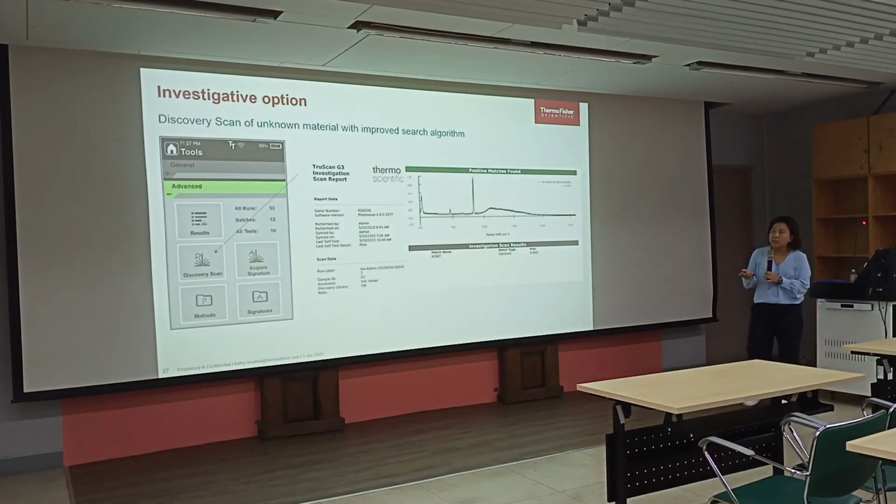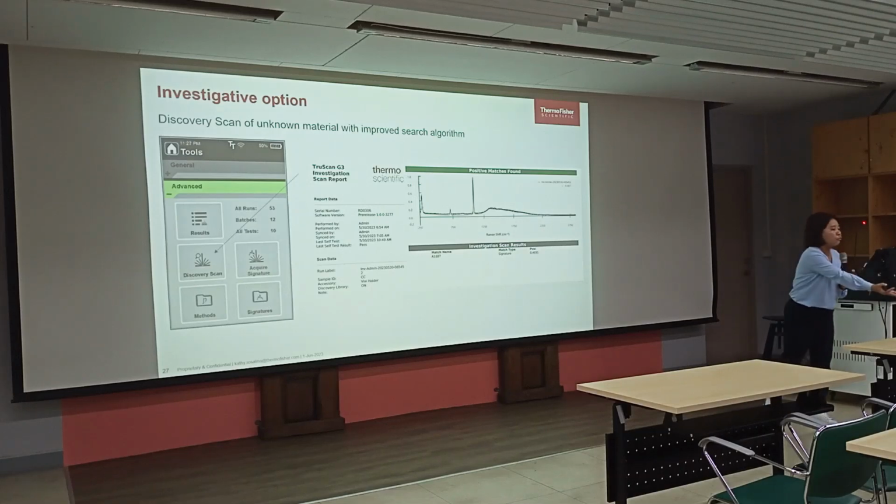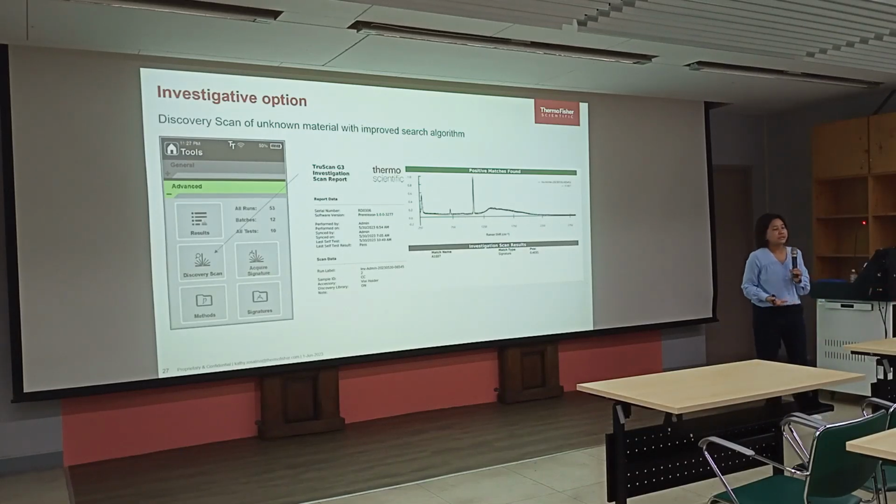And we have one new feature, which we call the discovery scan. This is an investigation option. If you have something unknown, for example, I get one bag of raw material on the table that is a yellow powder, or I get a liquid from the table but with no label, I have no idea what sample this is, what liquid this is.